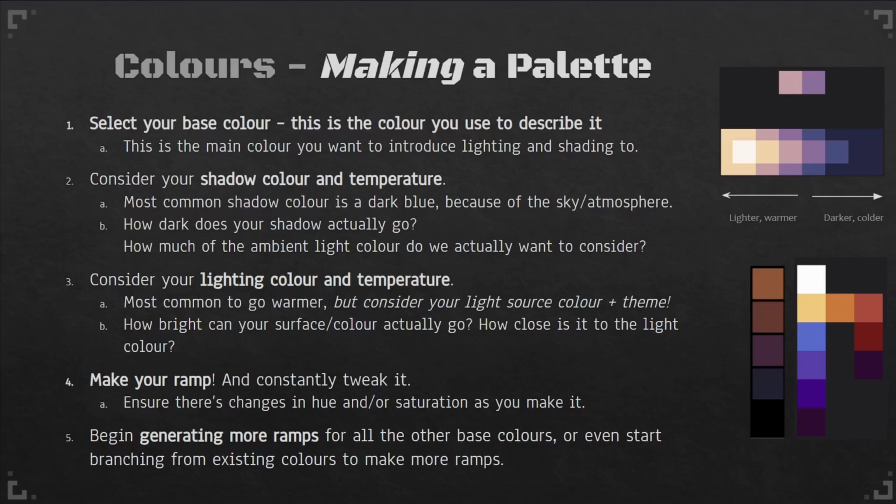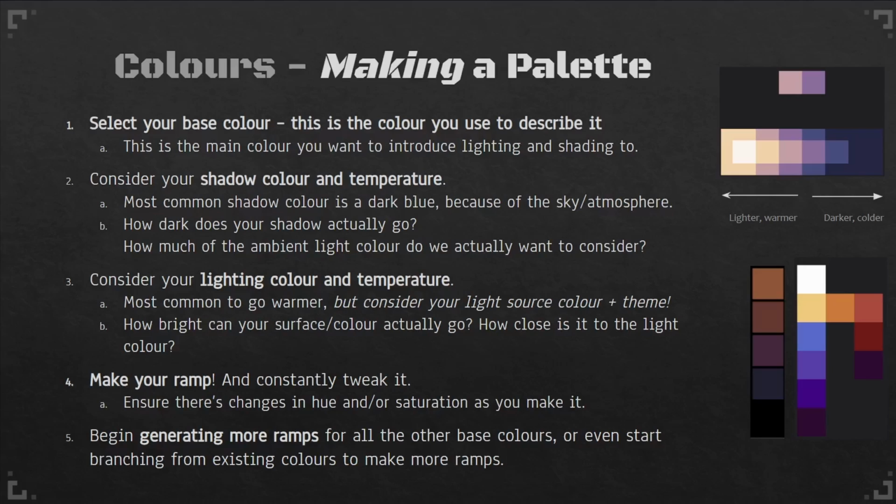Like my slime was purple, right? So all my colors are going to be focused on a sort of purplish range. Then you might want to consider the shadow color and the temperature. For my slime, I was considering the shadows are kind of bluish, so I went towards a more bluish tone. And the temperature was obviously cool. Then I might want to consider the lighting color and the temperature.